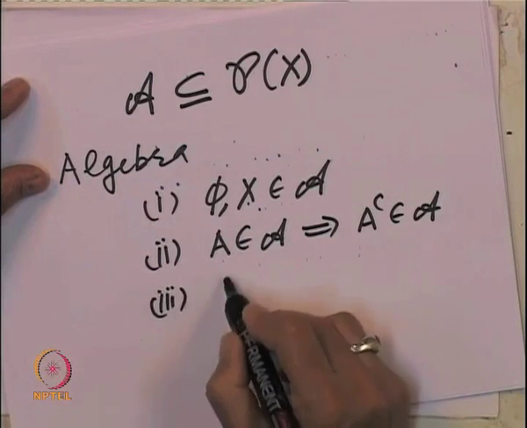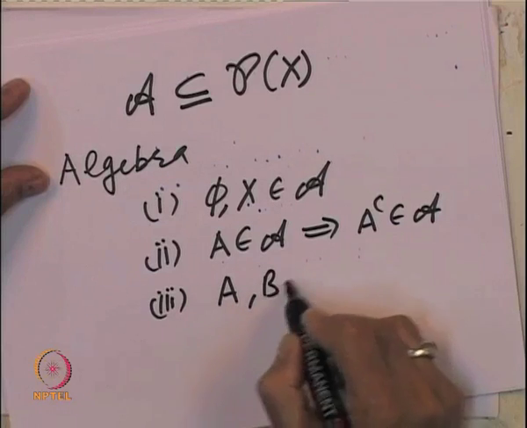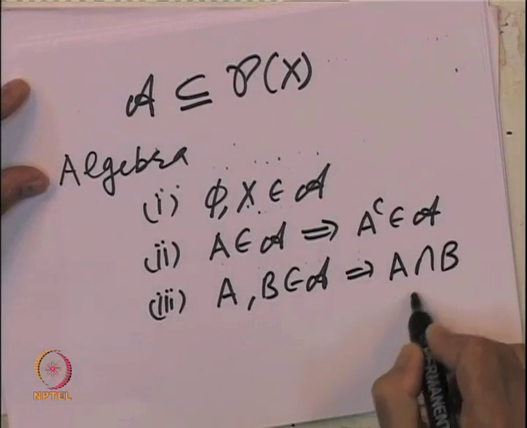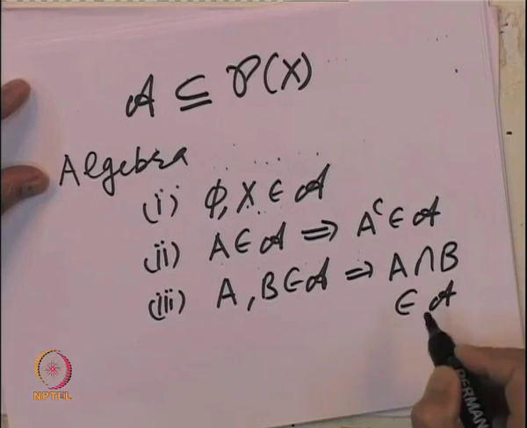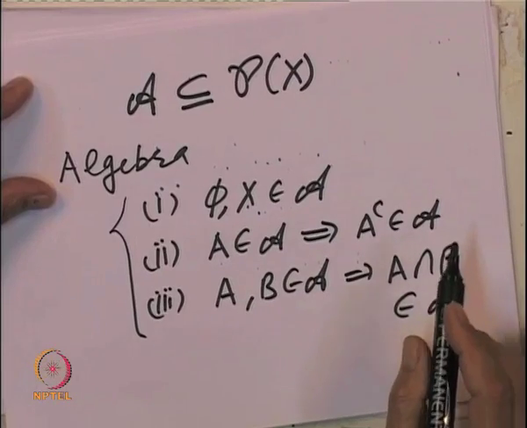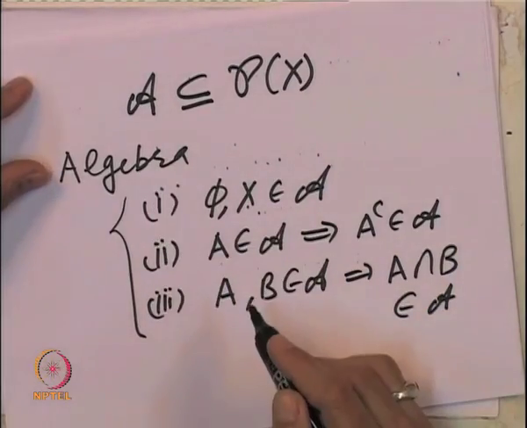And the third property was whenever A and B belong to the class A, that implies A intersection B belongs to the algebra. So, these are the three properties that define a class A to be an algebra.